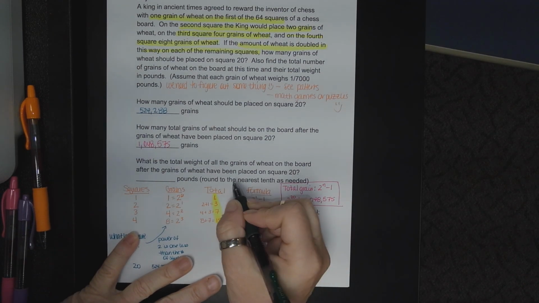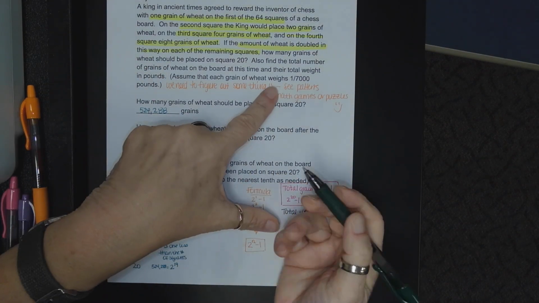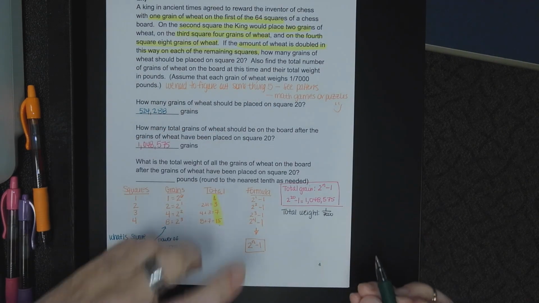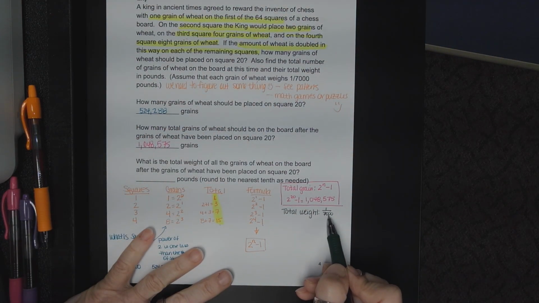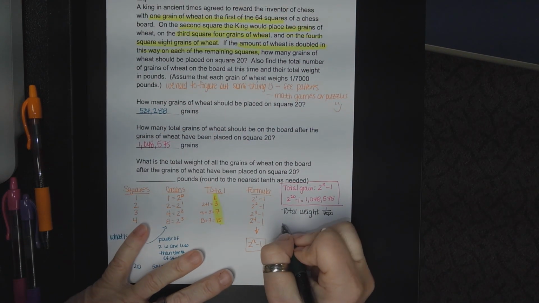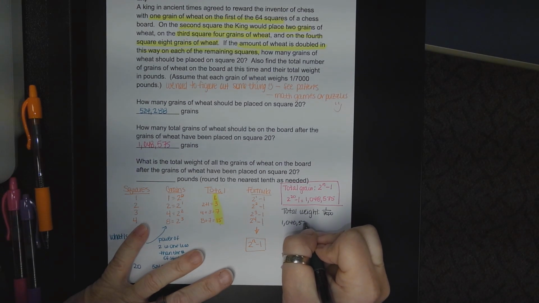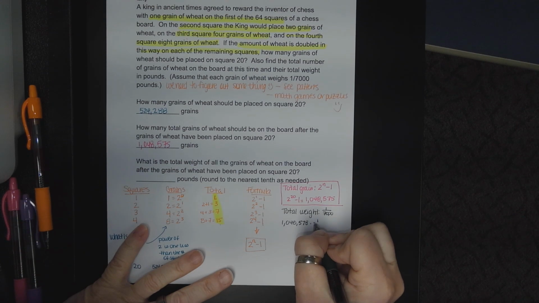So we know that the weight, where was it? Is 1 over 7,000. So we're going to multiply that by this number. So we have 1048,578 multiplied by 1 over 7,000.